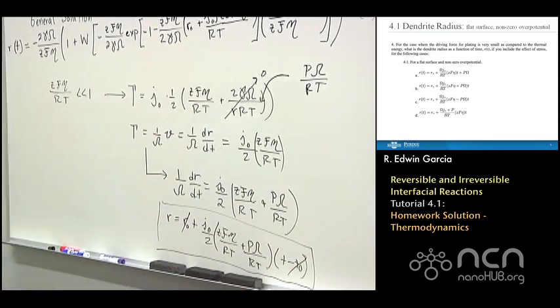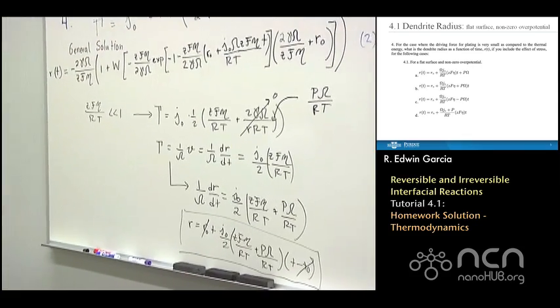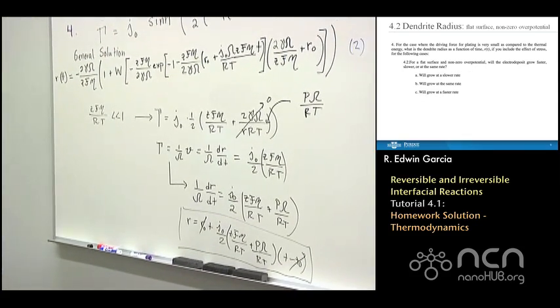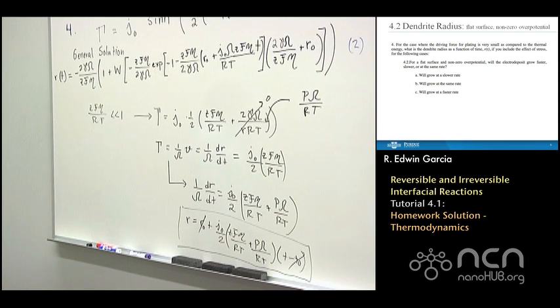Now we can proceed to question 4.2. The question is, for a flat surface and non-zero overpotential, will the electrode deposit grow faster, slower, or at the same rate?